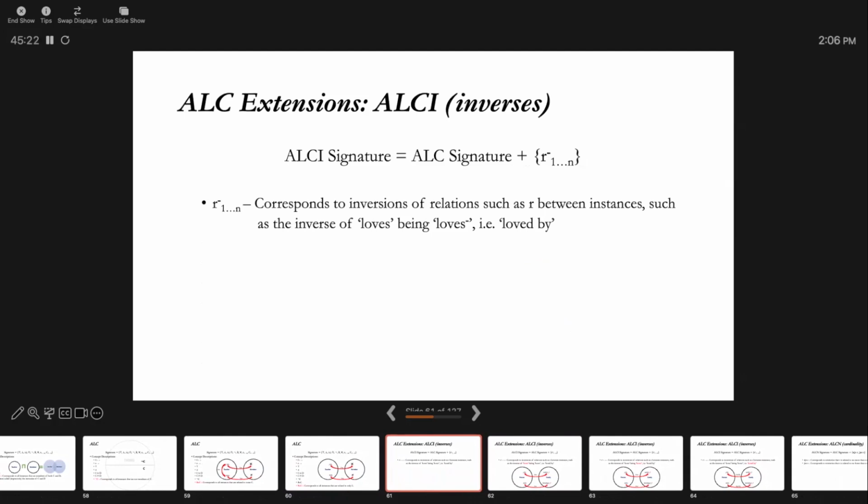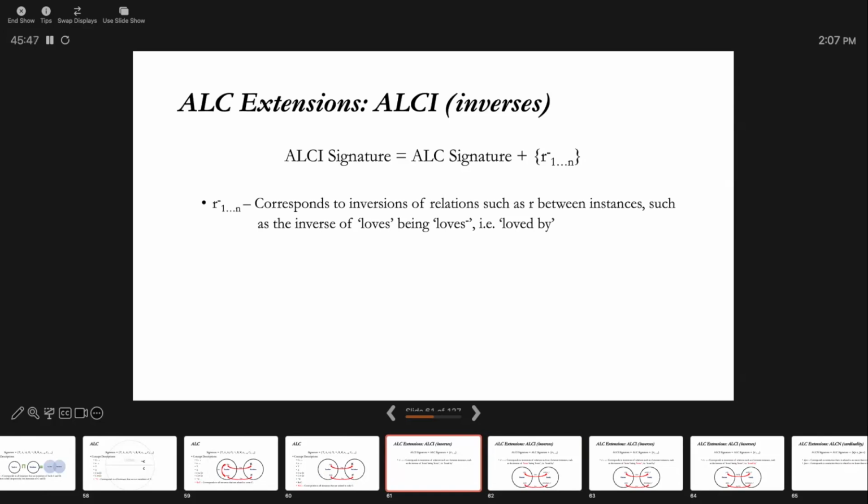ALC, base language for description logic. Can't say everything you want to say. You can say a lot, combining things, quantification, etc. But look, you might want to say, whenever you lay down a role, like a relationship like loves, you want to be able to infer information about its inverse, loved by.